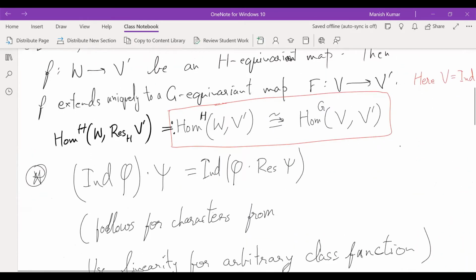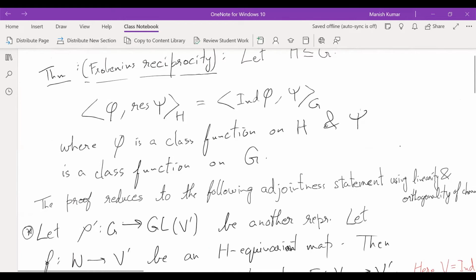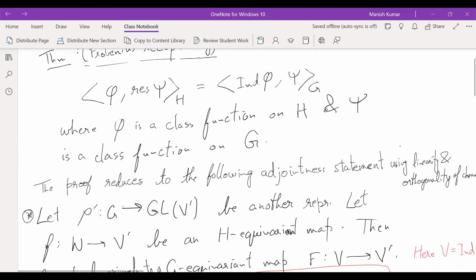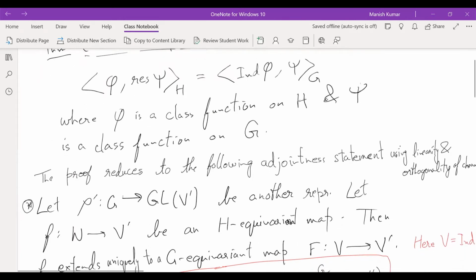So that is what Frobenius reciprocity is. You can think of it as a formula between Ind and Res, induction and restriction of class functions.